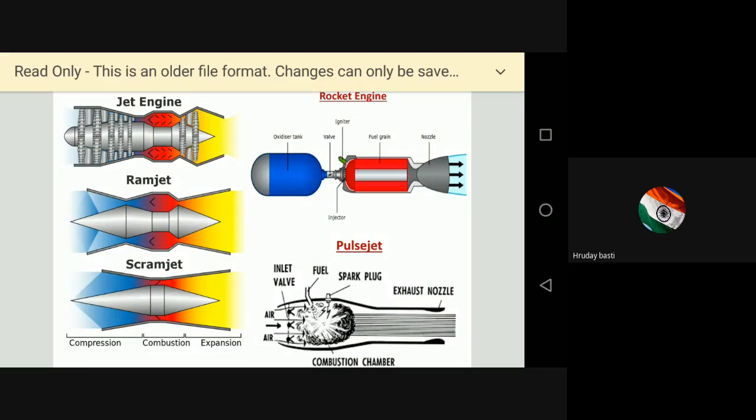So one by one, the amount of fuel and air is mixed in one given cycle. It burns, and again fresh fuel and air mix. The valve is closed, and again it gives the exhaust. So it sounds like your bullet vehicle. That sound will be coming. So for low weight or very light vehicles, you can go for pulse jet or other types of engines.